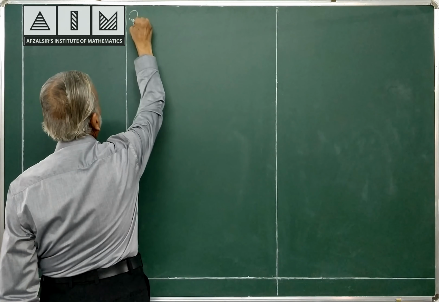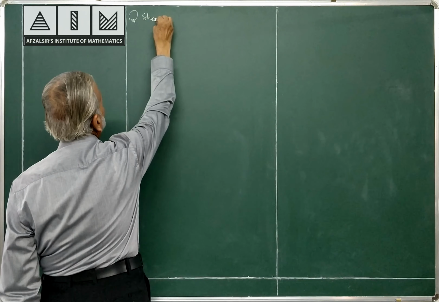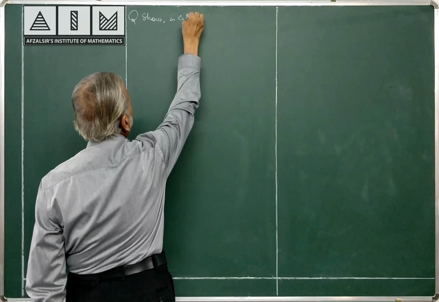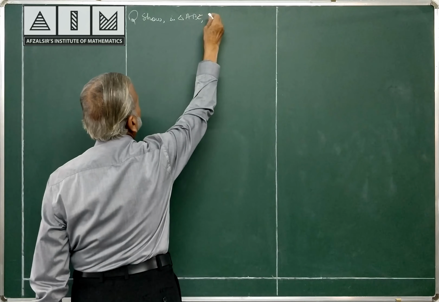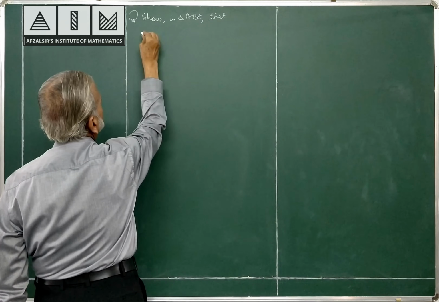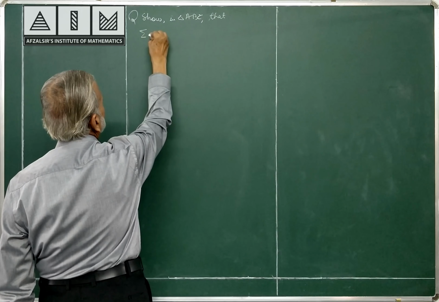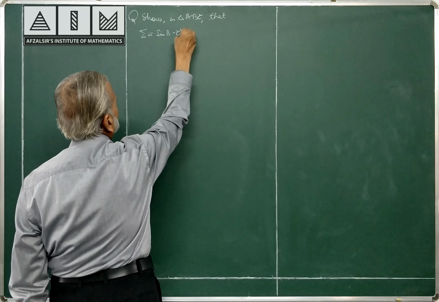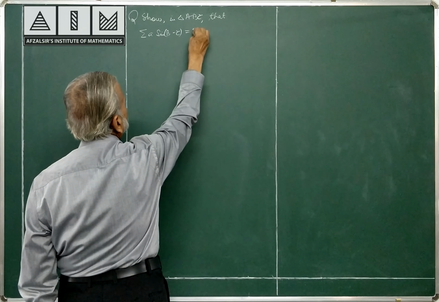In continuation of what we have been doing earlier, please see this question. Sigma A sin(B minus C) is equal to 0. We have to prove.